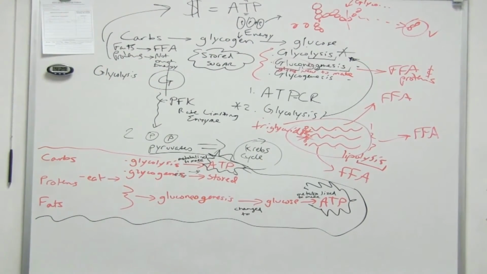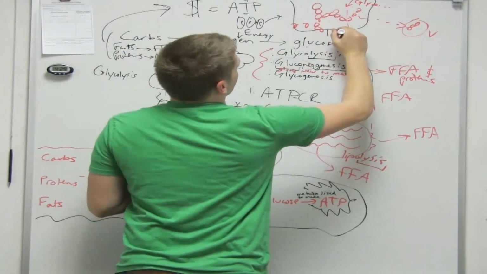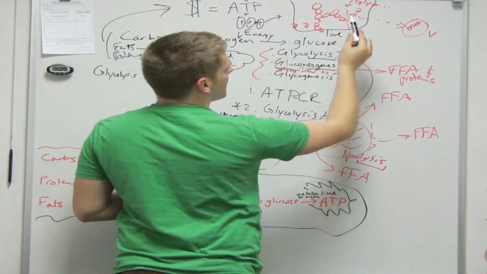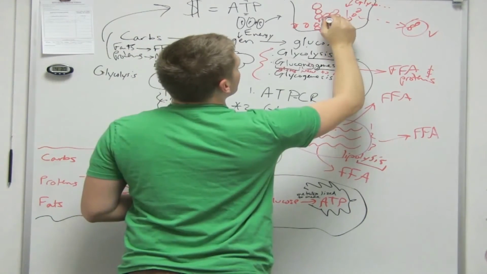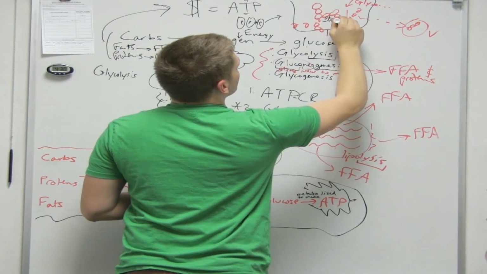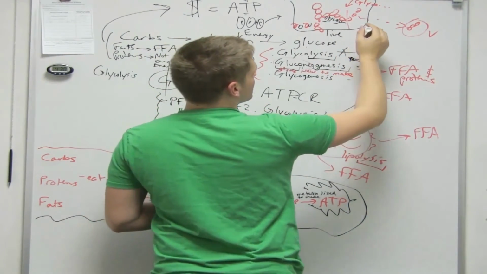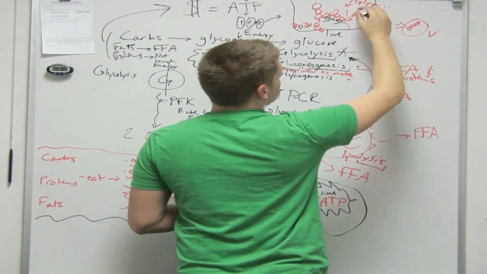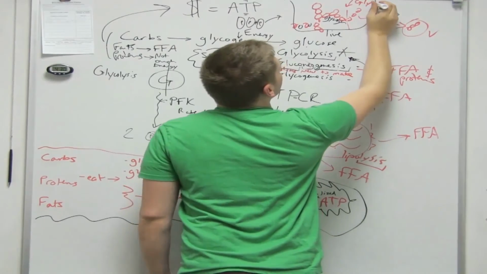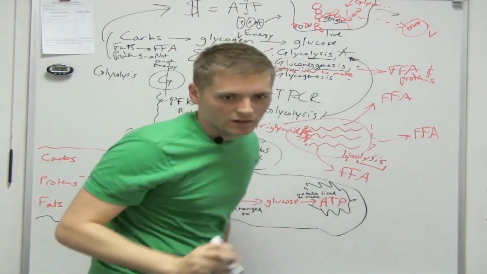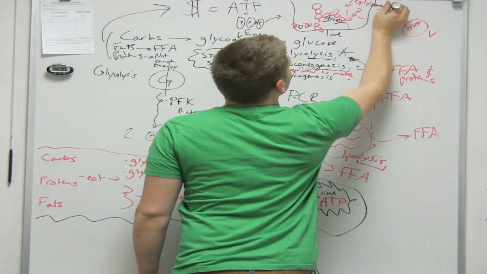That's kind of what we were talking about. Just pretend this is a giant liver right here. Glycogen is these big strands, right? And when it breaks down, it's called glycogenolysis.